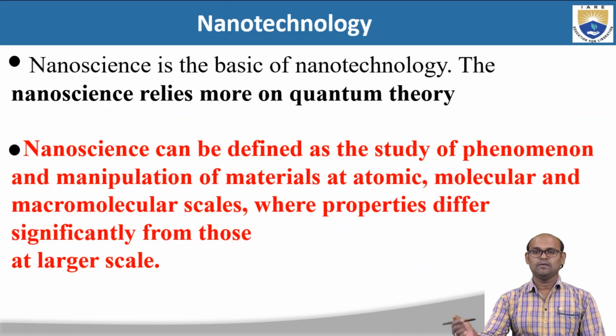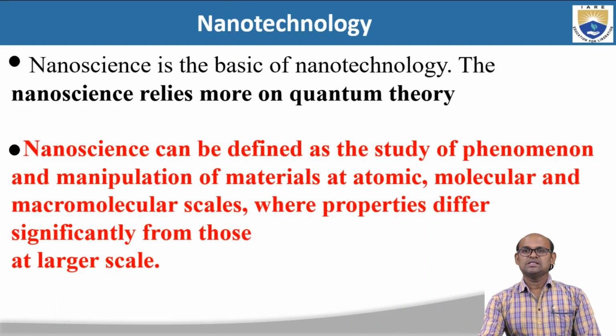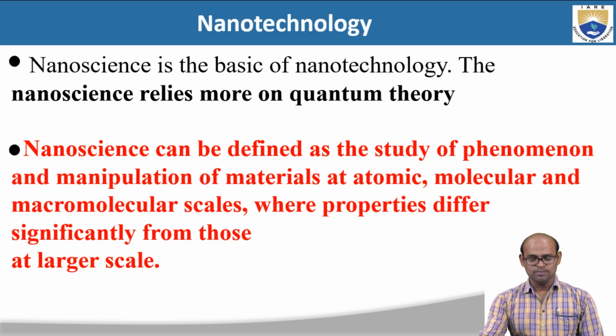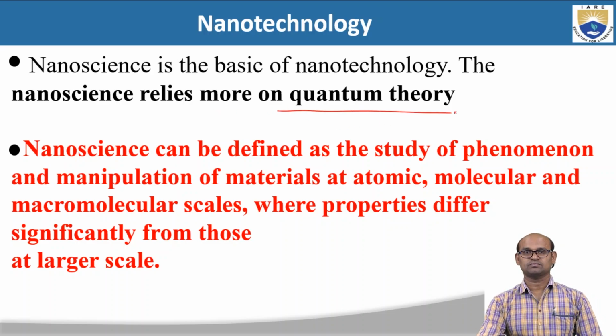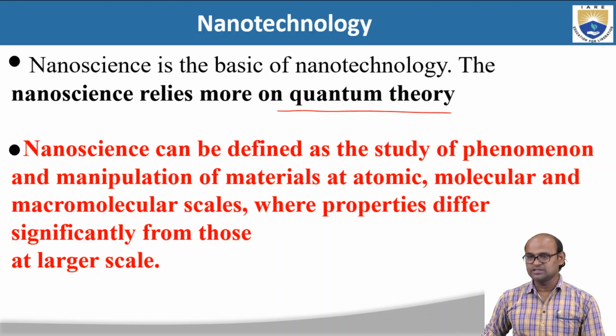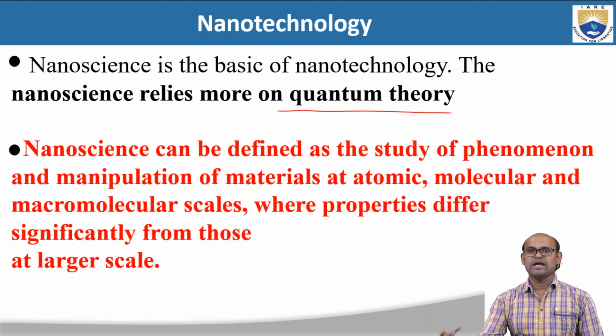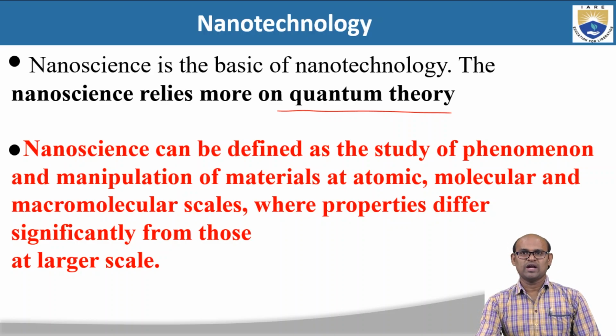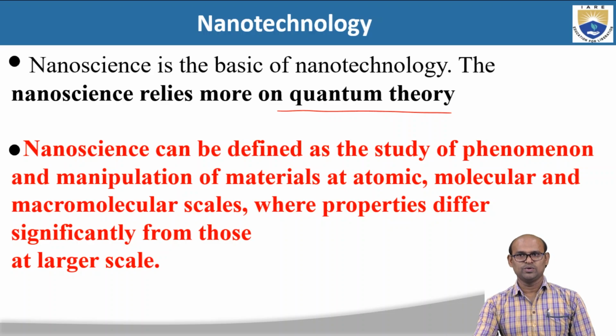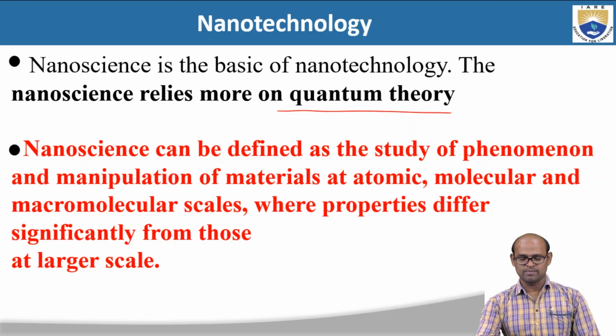These are all very useful and have many applications in medicine and in research to understand materials. Okay. So nanoscience is the basis of nanotechnology. Nanoscience relies more on quantum theory. So how do we understand this nanotechnology? Nanotechnology is design or development of new instruments, techniques, and devices, for example, to fabricate or to characterize a material, right?